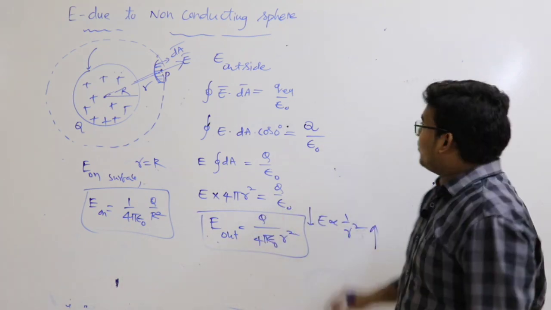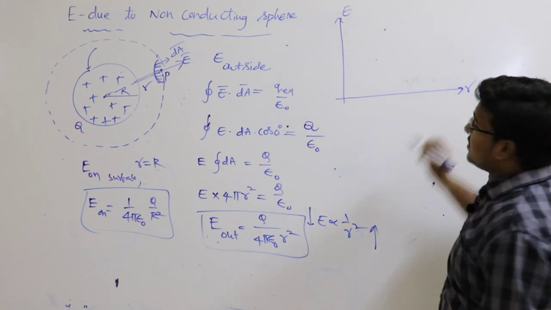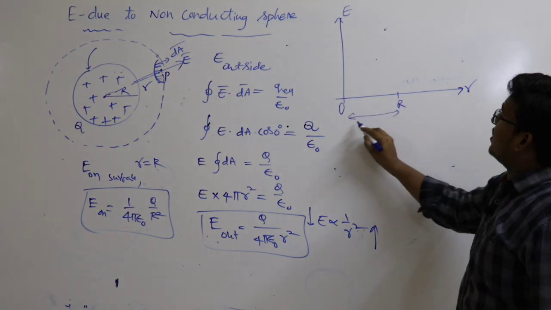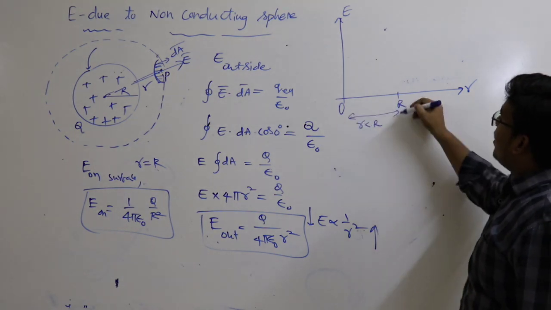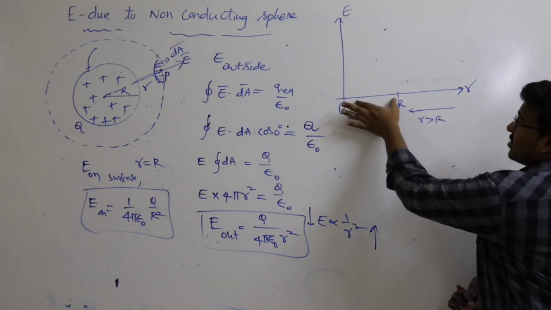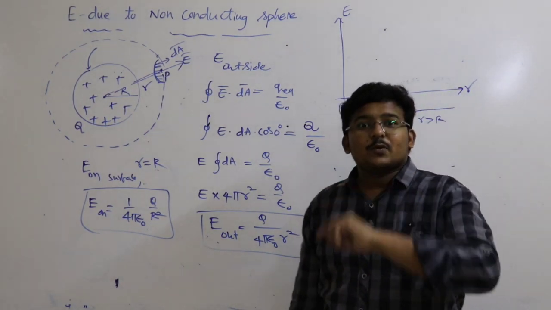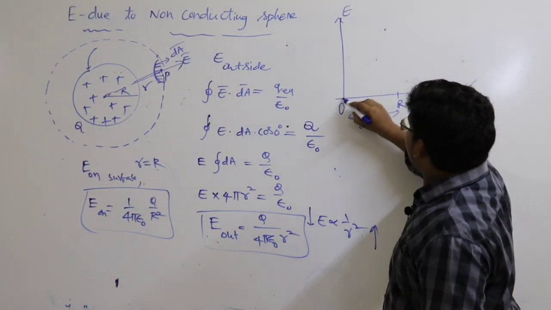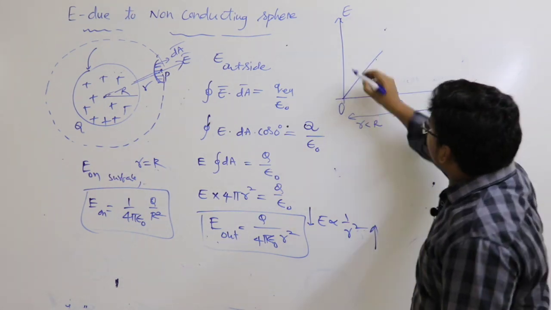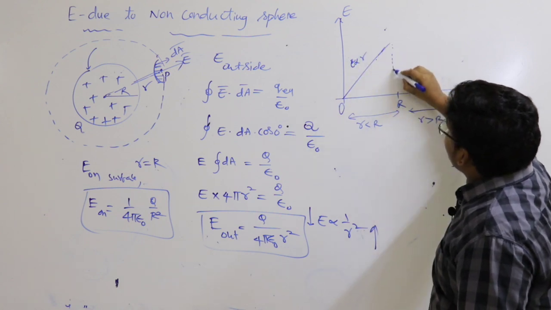Now what is the graph? Electric field versus distance, starting from 0 and going to r. This region is small r less than capital R, and this region is small r greater than R. For inside points, we already know the electric field is directly proportional to the distance of the point, so E is directly proportional to r, a straight line, up to the surface.